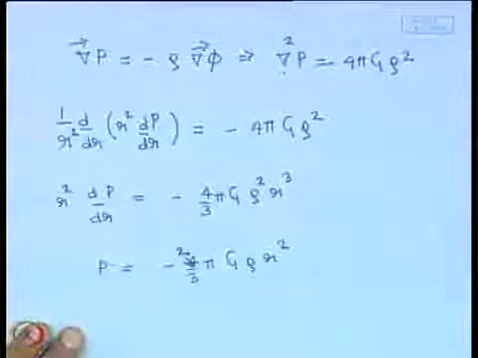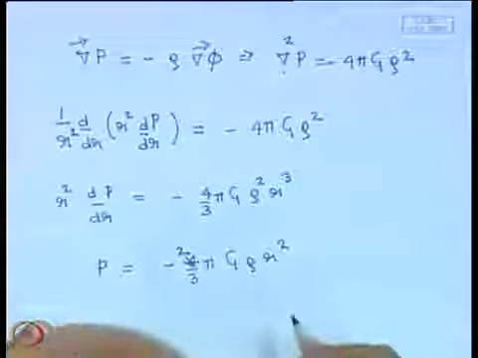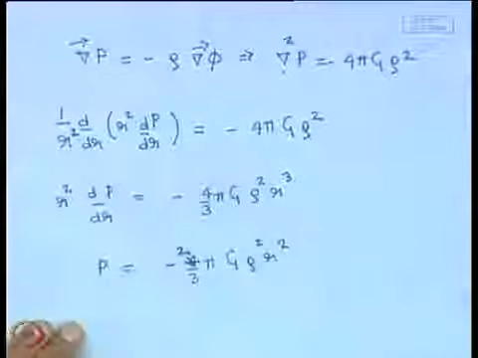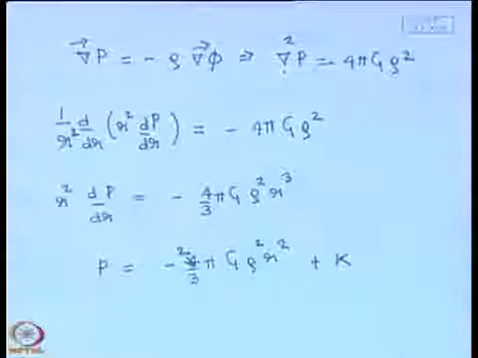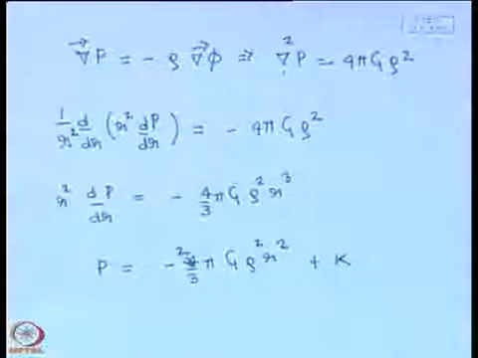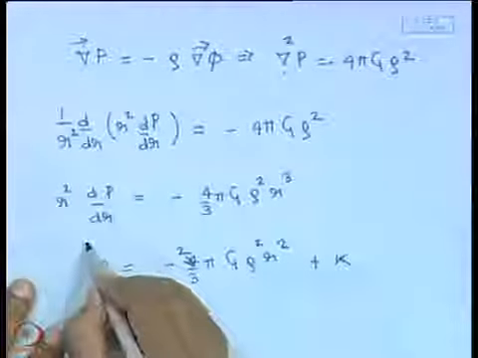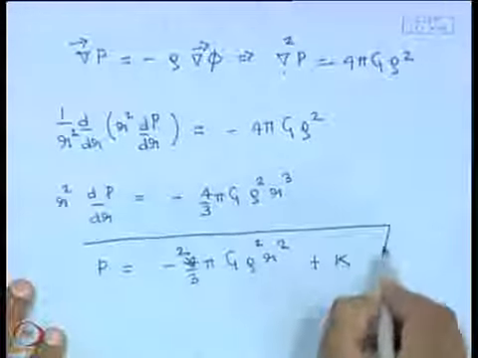So, it is minus 2/3 pi G rho square r square plus a constant of integration k. Right, that is the pressure inside the sun in this simple model.